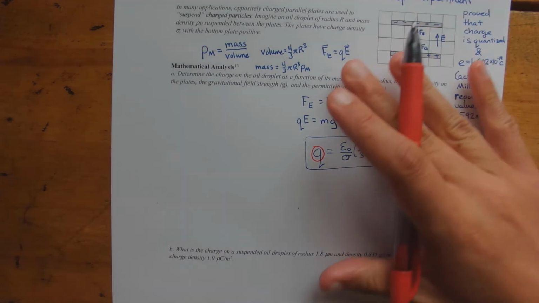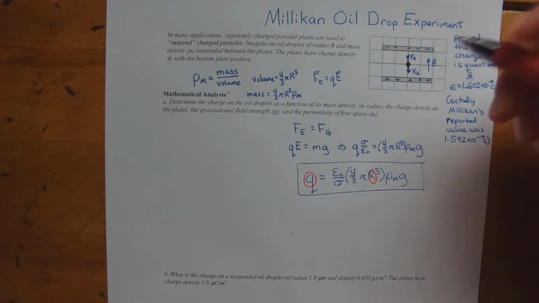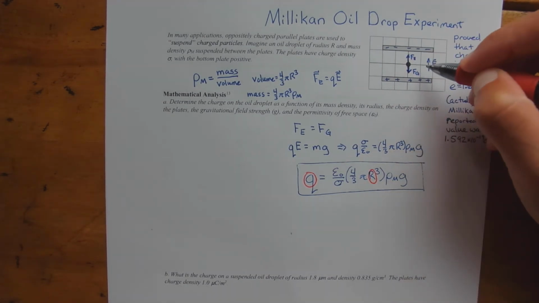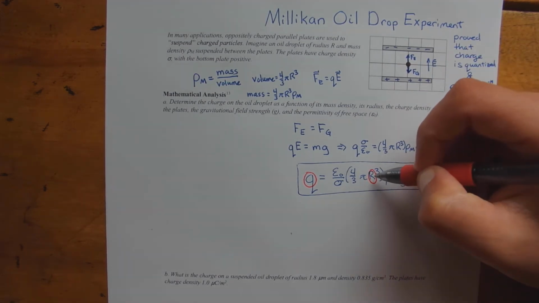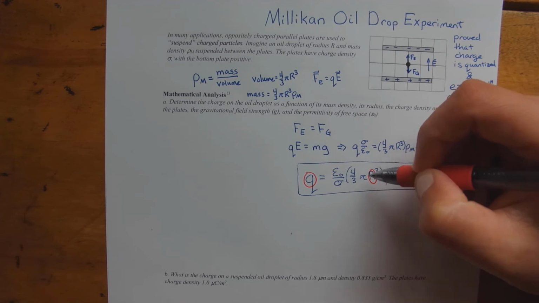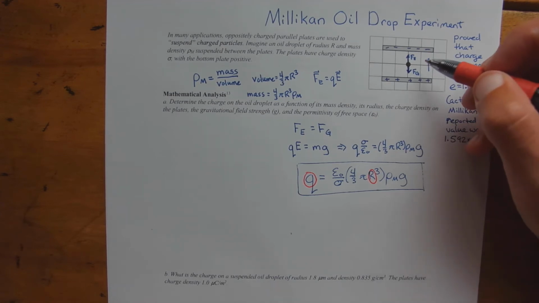Okay, so now let's talk about his experiment. So you can spray oil droplets in between the charged plates here. Pick one oil droplet to focus on. You would need to measure the radius of that oil droplet, and you can change sigma, which you could change by changing the voltage between the two plates.